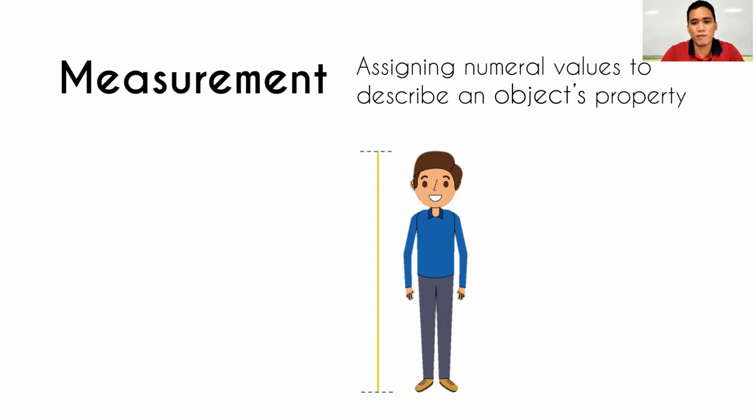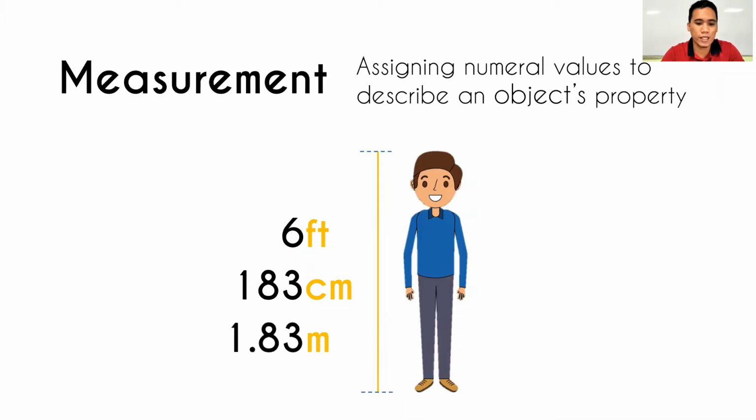If, for example, a person is 6 feet, or 183 centimeters, or 1.83 meters, that is assigning numeral values to describe the object's property within a specific unit.